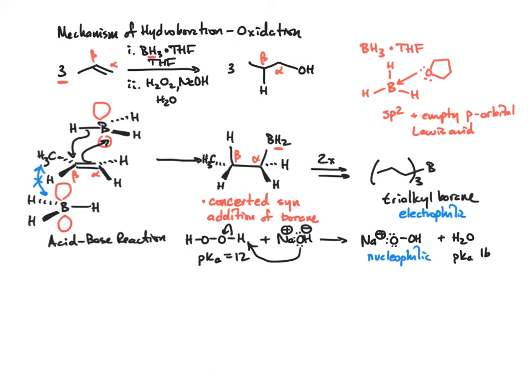So now what is happening in this next step? The oxidation step of hydroboration oxidation. So here's our trialkyl borane. So we have these three propyl groups bonded to the tri-coordinate boron. That's the electrophile.